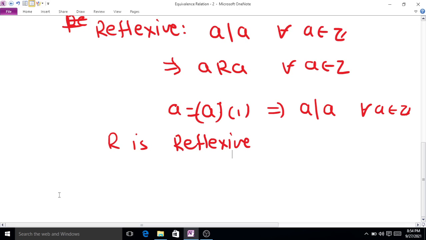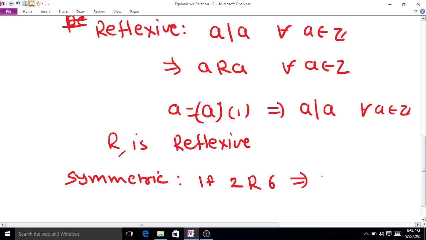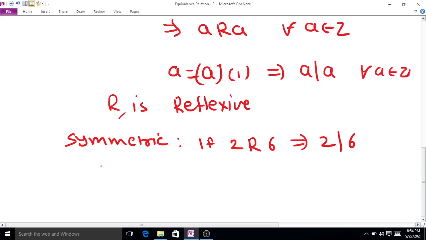Now to check whether it is symmetric, suppose 2 is related to 6, since 2 divides 6.